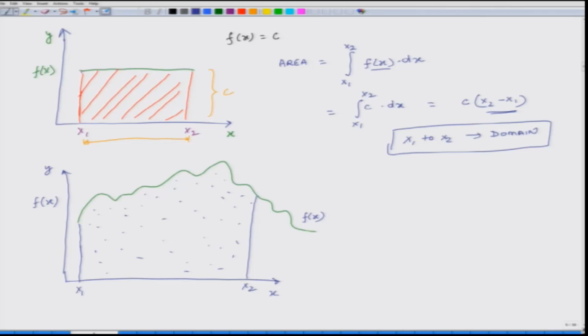So then I use a numerical approach. What I do is break this area into small slices, and this is exactly what we do when we are trying to integrate differential equations also. It is a more complicated process, but the philosophy is the same.